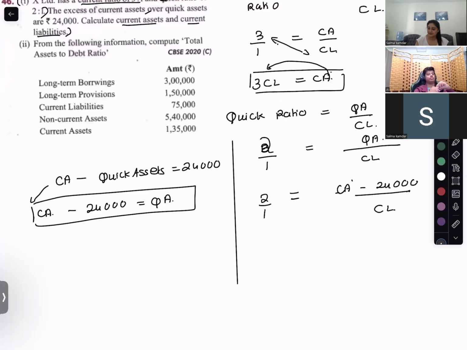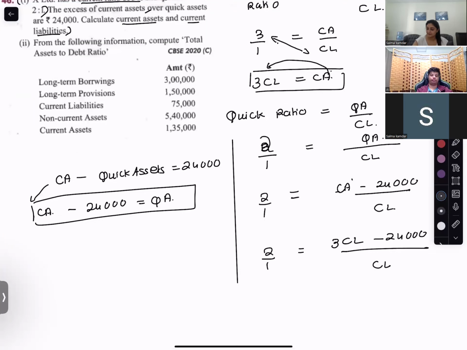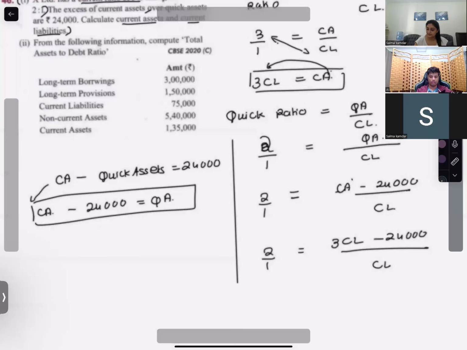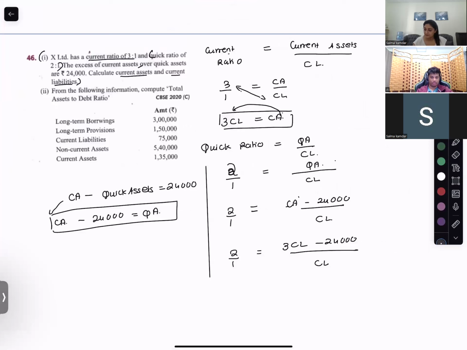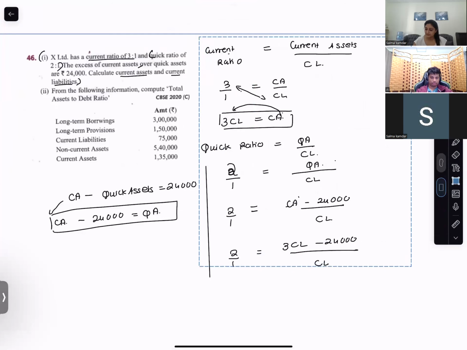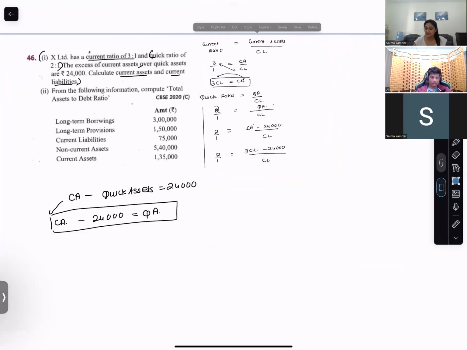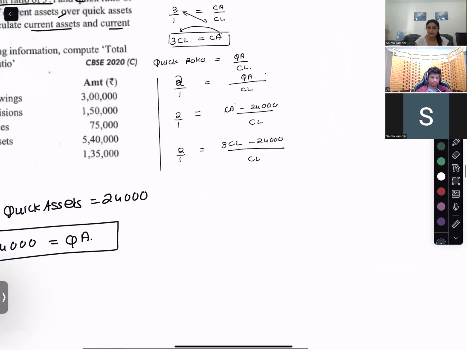So 2/1 is equal to 3CL minus 24,000 over current liabilities. Now what will I write? I cross multiply, right? If I cross multiply, what will I get?